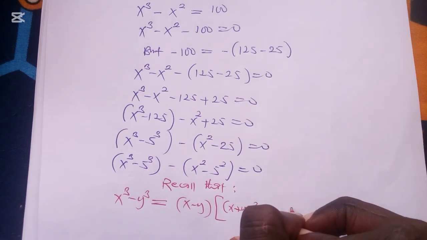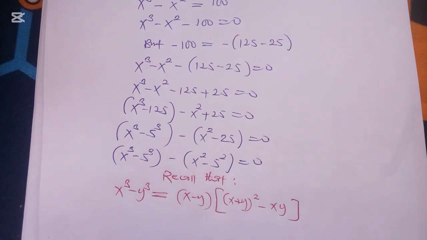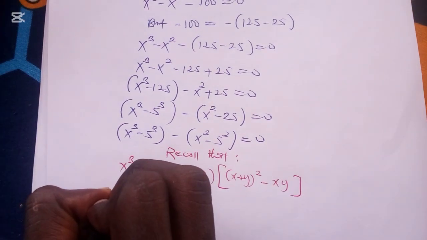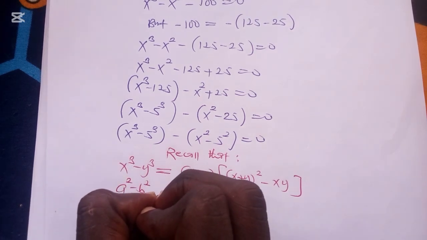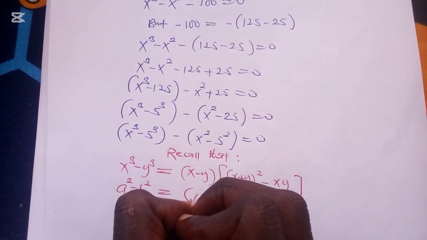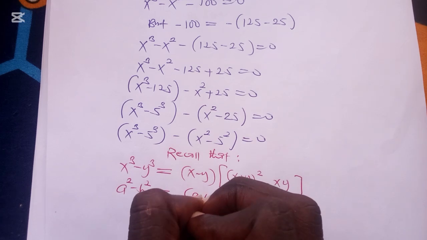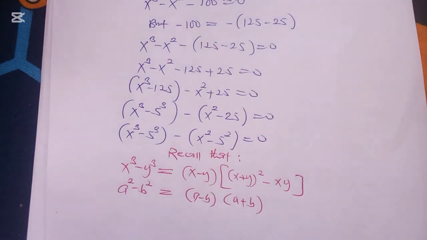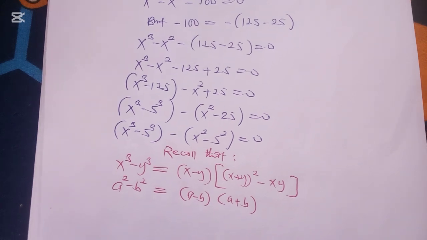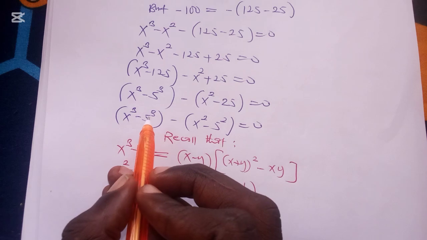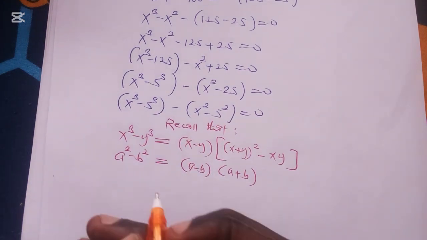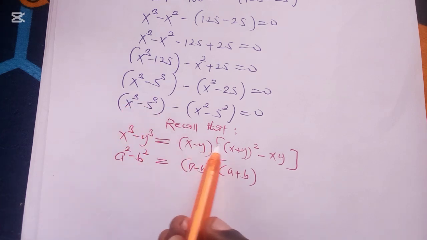Okay, then similarly, if you have a square minus b square, then this is equal to a minus b into a plus b. Okay, so now this is the same thing that we are coming to implement here for us to simplify x cube minus 5 cube and x square minus 5 square. Then instead of this, we use this one to simplify it.